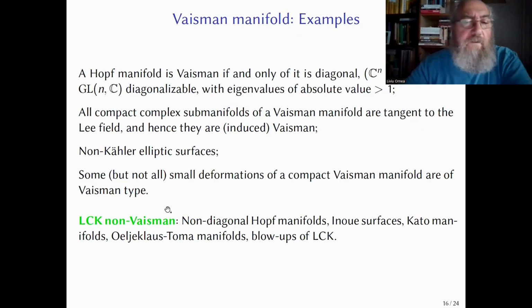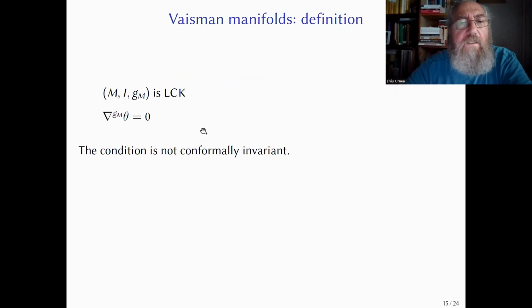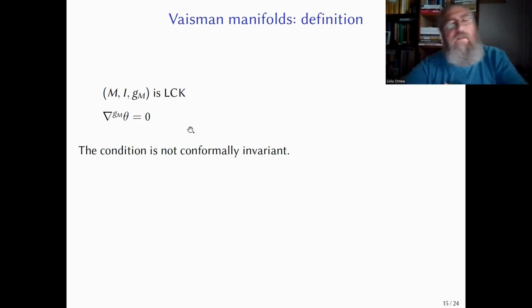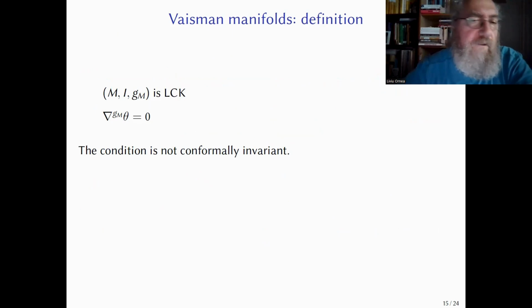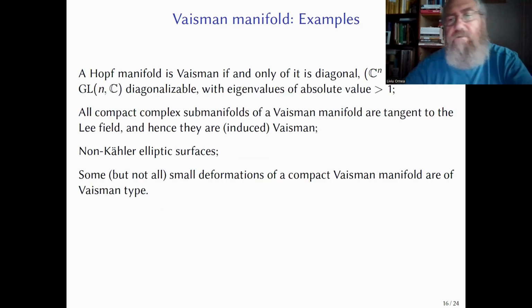Among the LCK, which are non-Vaisman, of course, non-diagonal Hopf manifolds, all the Inoue surfaces, and then the Kato manifolds, OT manifolds, and the blow-ups of LCK. Because of the characteristic: on Vaisman, you have by this condition, theta has constant length, so the Lee field cannot have zeros. So the characteristic is zero.